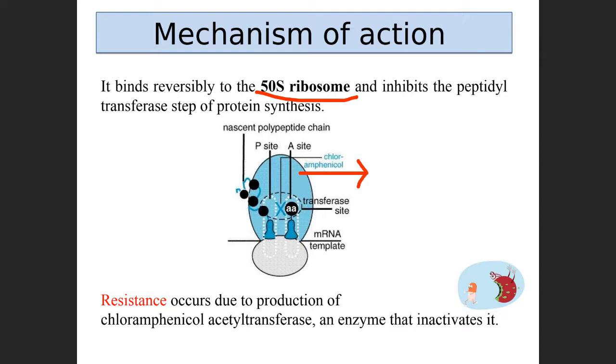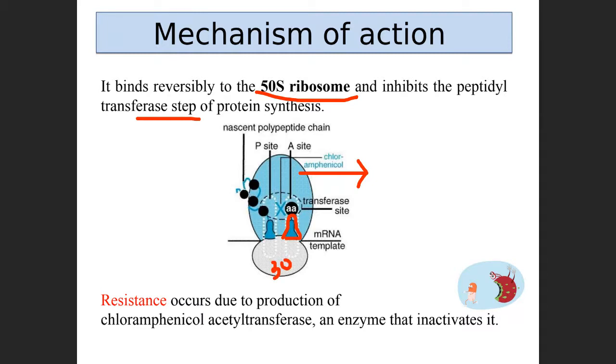And which step is it inhibiting? It is inhibiting the transfer step, the peptidyl transferase step. So here, as you can see, if you compare it with the mechanism of action of tetracycline, the amino acyl tRNA is bound here. In tetracycline, this was inhibited, but here it is bound already to the 30S subunit.